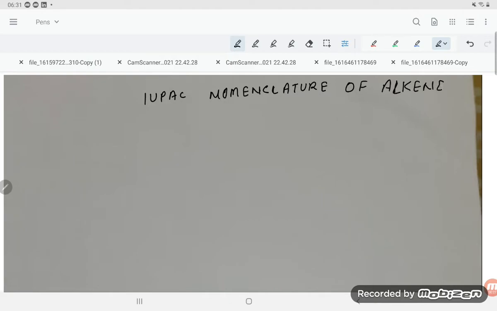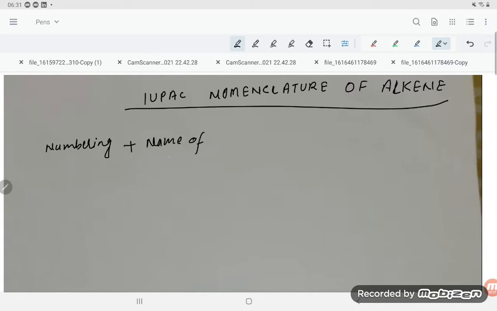So dear students, how can you write the IUPAC nomenclature? First of all, we will do the numbering. And then we will write the name of prefix. After the name of prefix we need to write the name of word root.